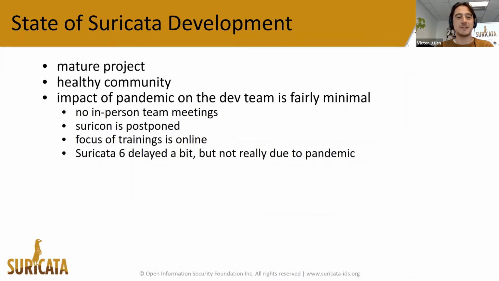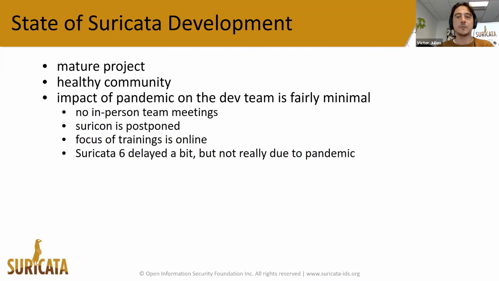So things like Zoom meetings and everything are not really new to us. But still nice to realize this, as things are kind of stressful in many parts of the world, so it's good that we are continuing to stay strong in the development. As Josh mentioned, Suricon has been postponed, which is a shame, of course, but was unavoidable.